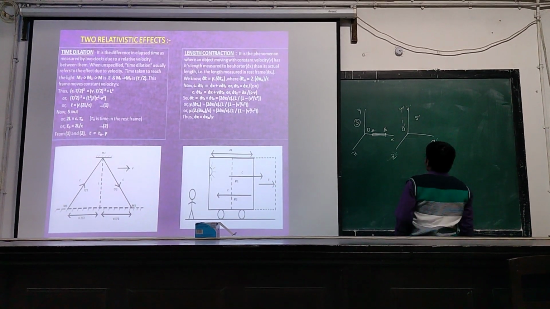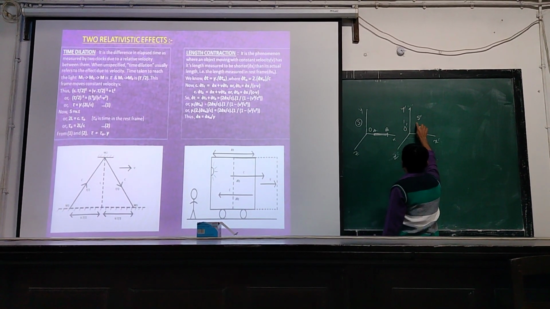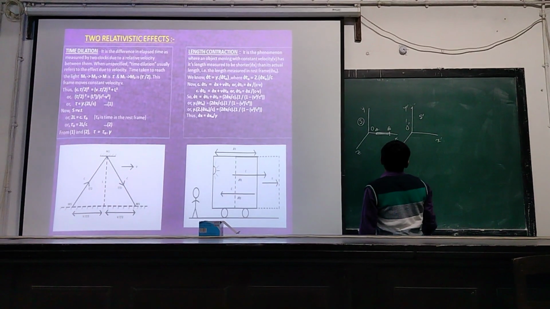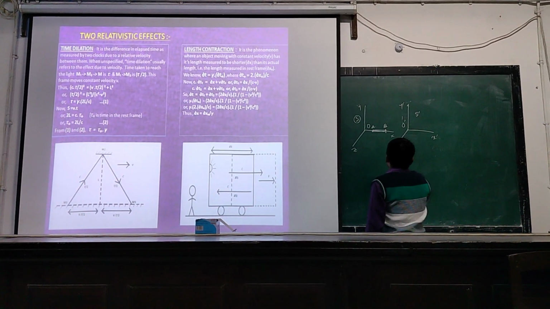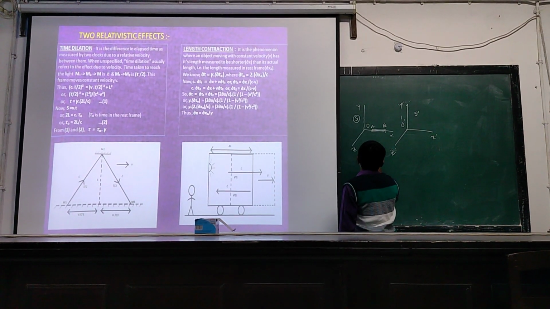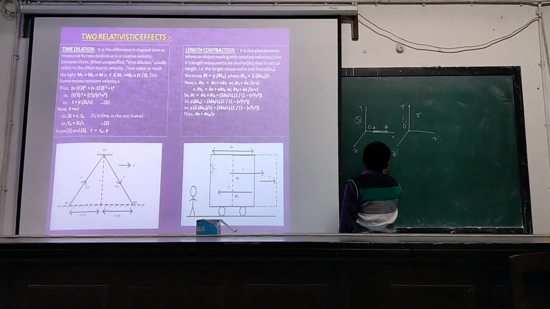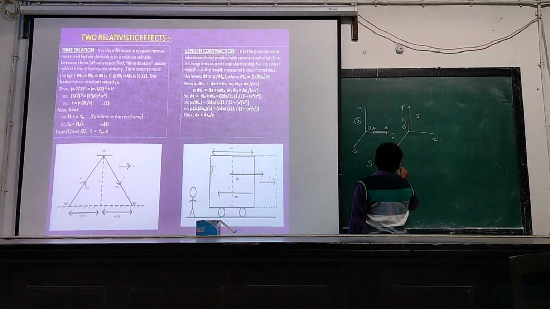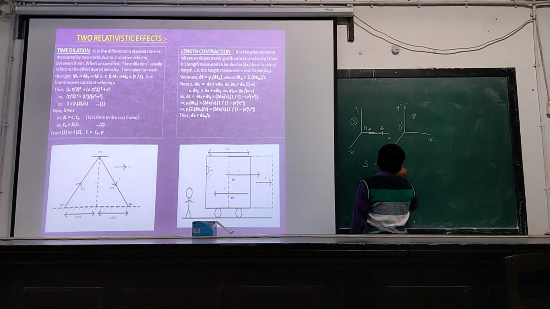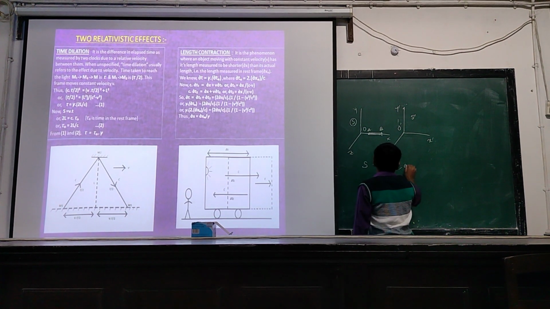The S' frame is moving with velocity v with respect to the S frame, and the length of AB with respect to the S frame will be x1, 0, 0 and x2, 0, 0.